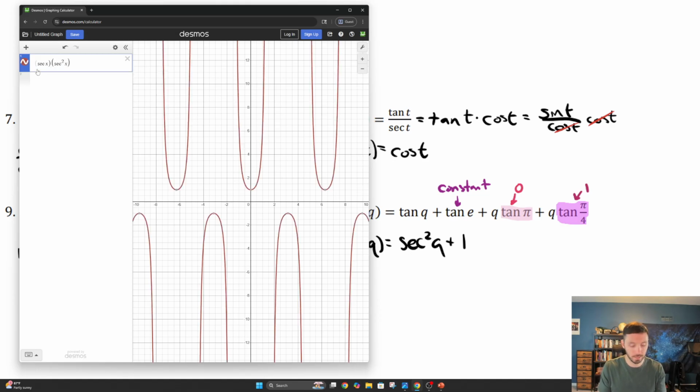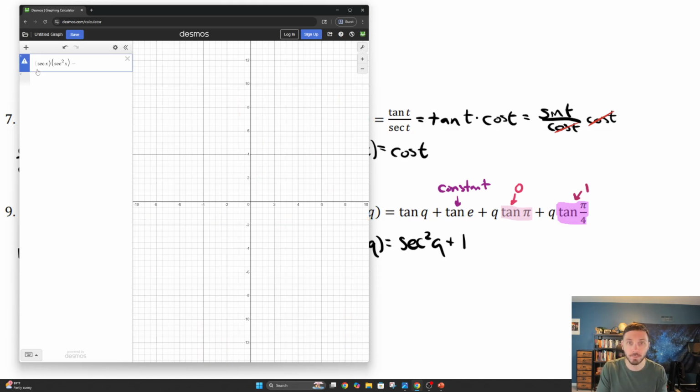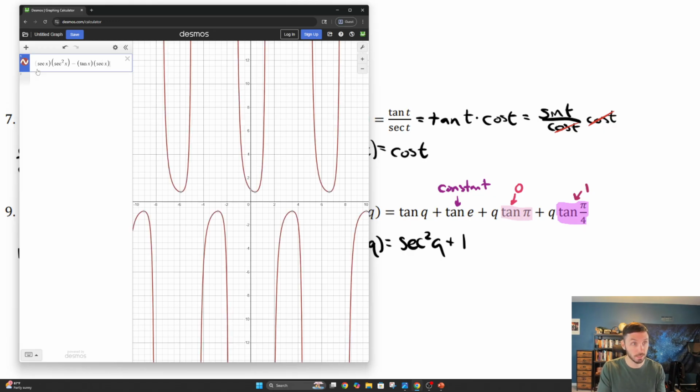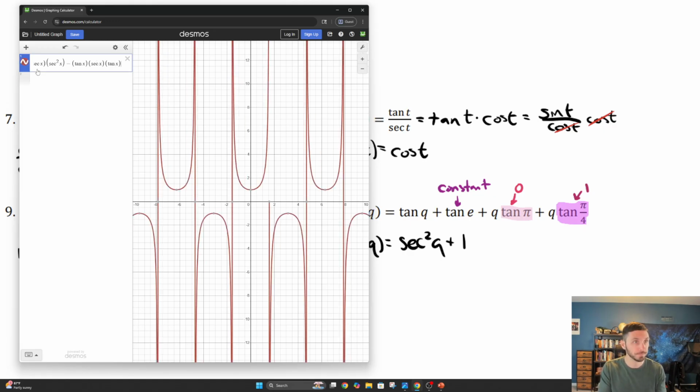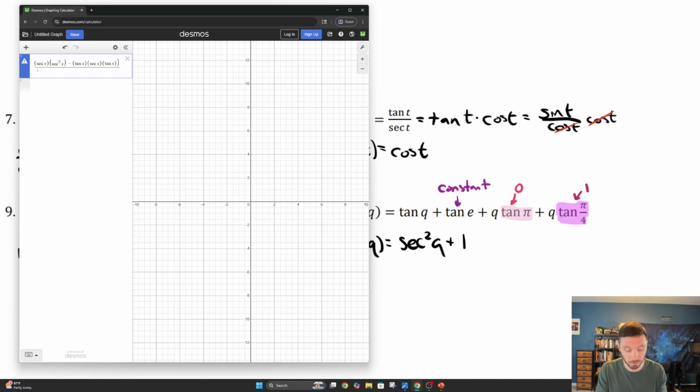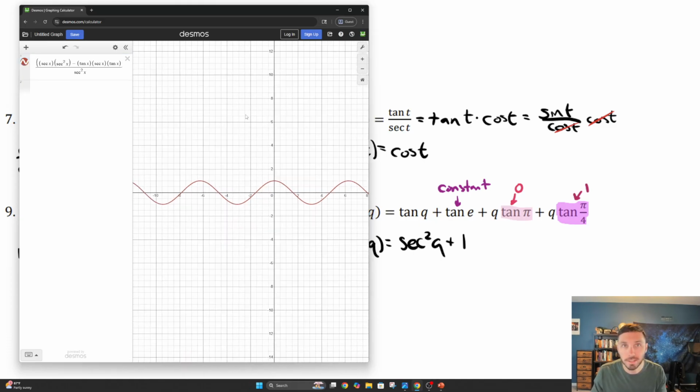Is it cool with that? Yeah, it is. So that's low d-high, and then minus high, which is tangent, and then d-low, the derivative of secant, which is secant tangent. So that's secant x tangent x, all over low squared, secant squared x. There we go.